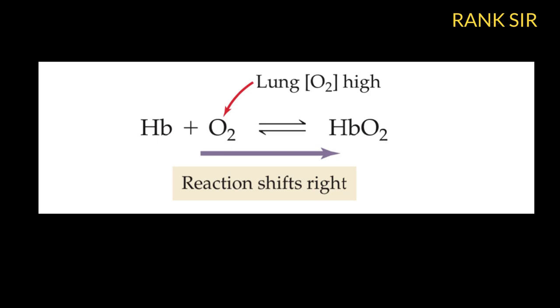According to Le Chatelier's principle, if the concentration of a reactant, hemoglobin or oxygen, increases, then the reaction shifts in the forward direction. Now at the lungs, oxygen concentration is very high, therefore the reaction shifts forward and forms oxyhemoglobin.